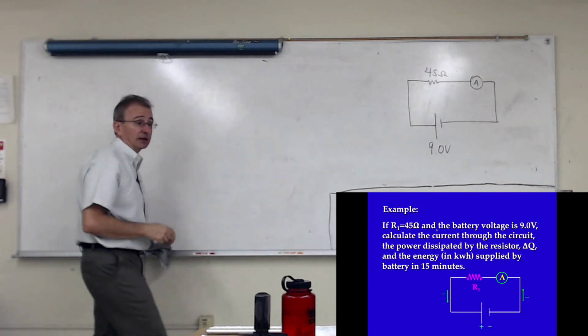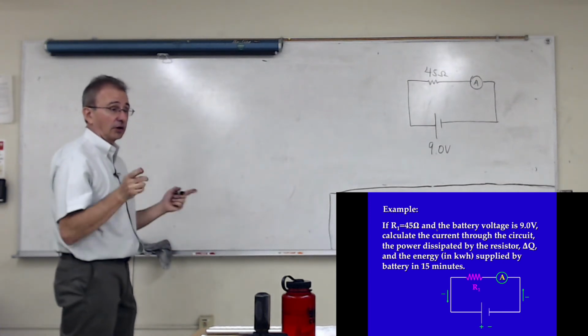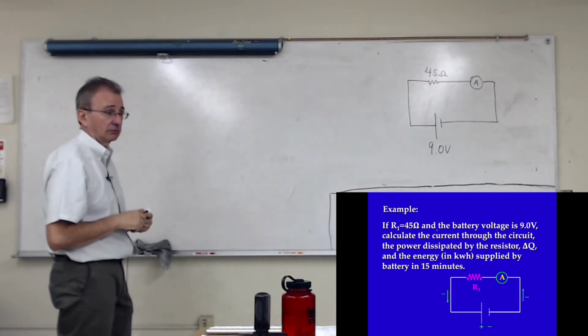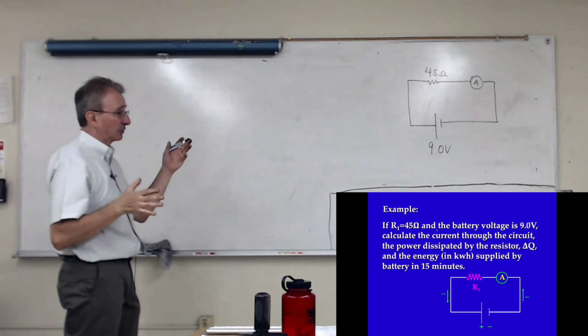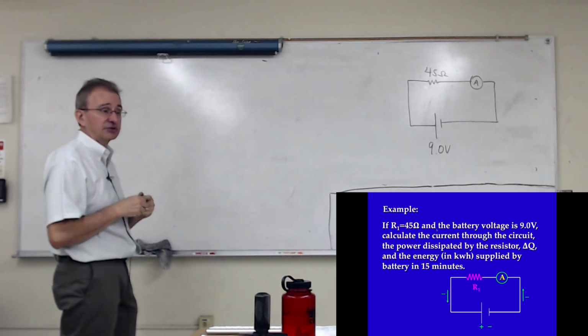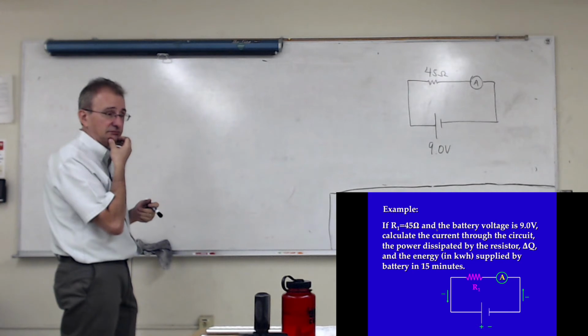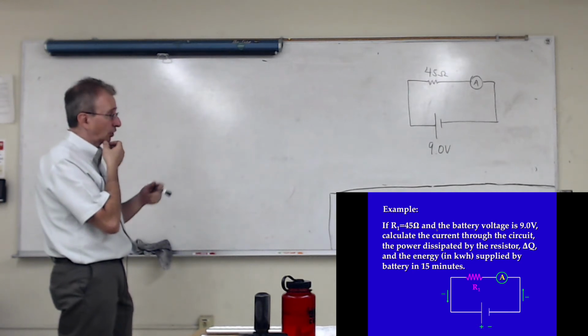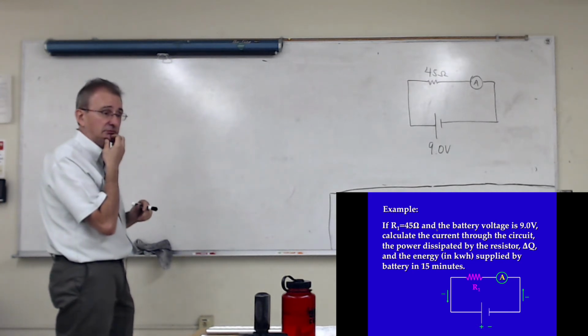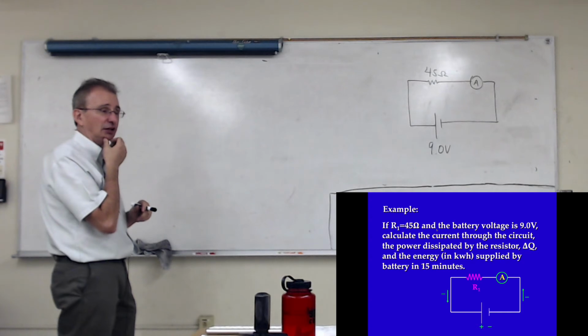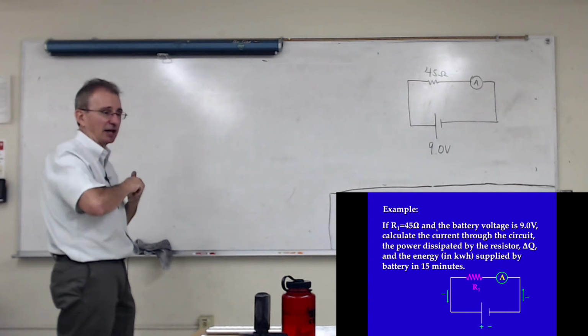All right, so we want to calculate the current through the resistor, which is also the same as the current in the circuit because I only have one resistor in my circuit. The power dissipated by the resistor, the Q delivered by the battery, and the energy in kilowatt hours supplied by the battery in 15 minutes.